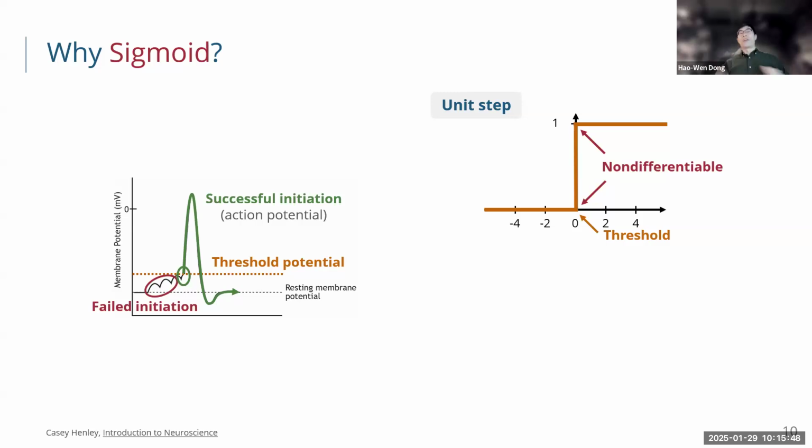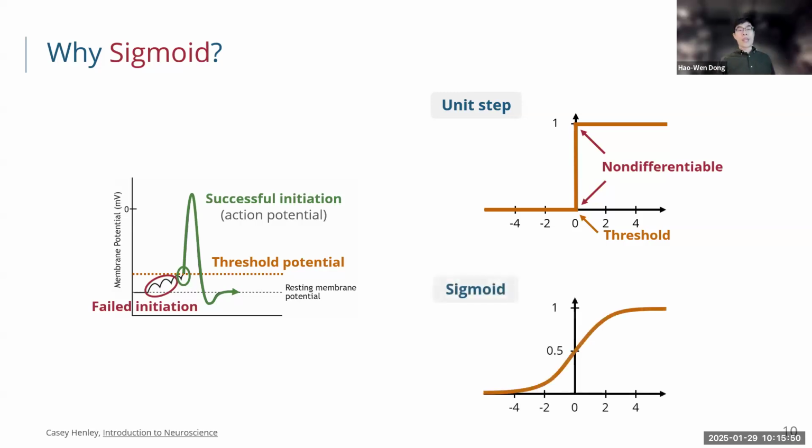It never knows where the boundary is. So we can smooth it into a sigmoid, which you can think of as a soft threshold. Ideally, anything beyond the threshold, we get a 1, and anything lower than the threshold, we get a 0. But we want it to be soft and smooth, then it becomes this shape.